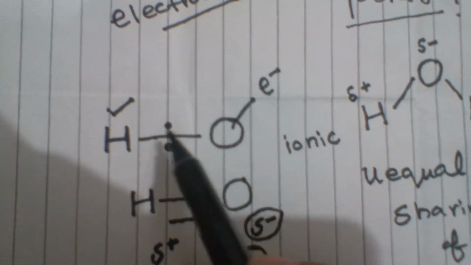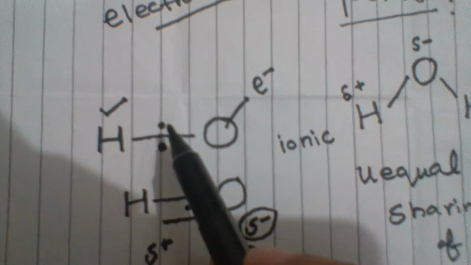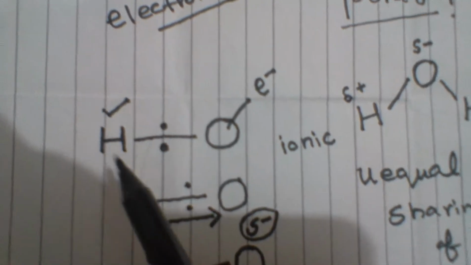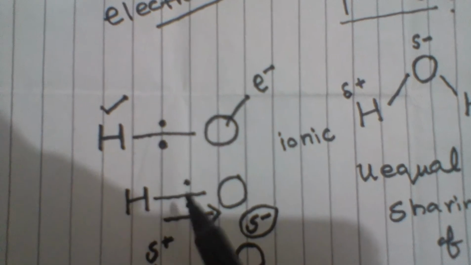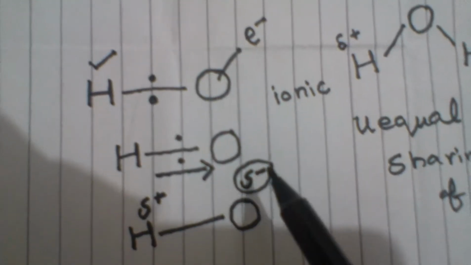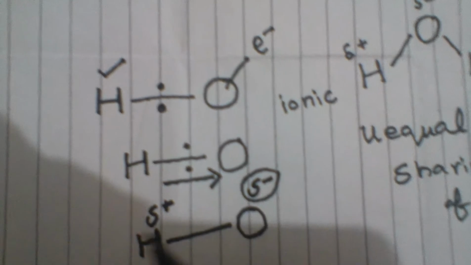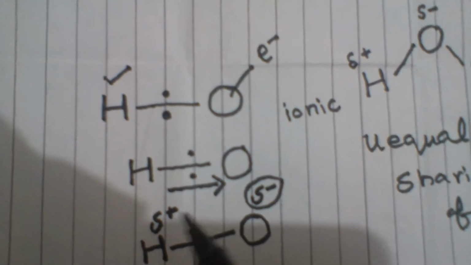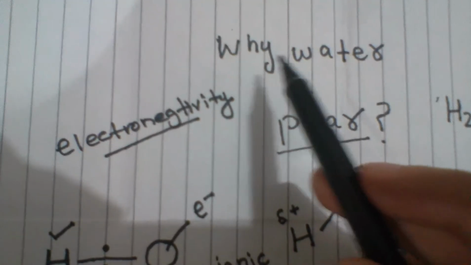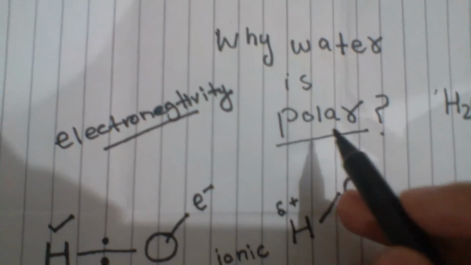Oxygen is attracting electrons more strongly compared to hydrogen. So this makes electron density shift towards oxygen, which gives it a partial negative charge, and hydrogen is left with a partial positive charge. So this makes water a polar compound.